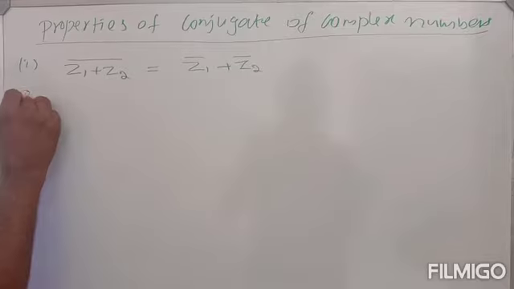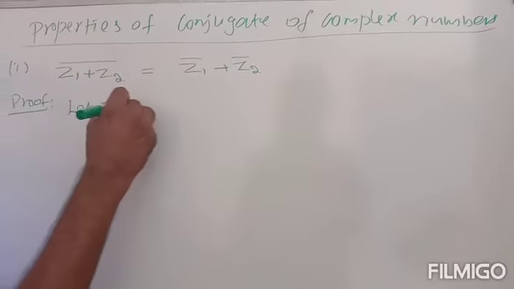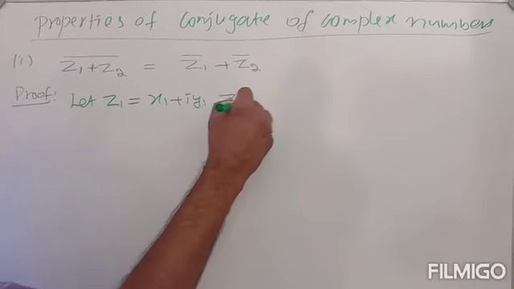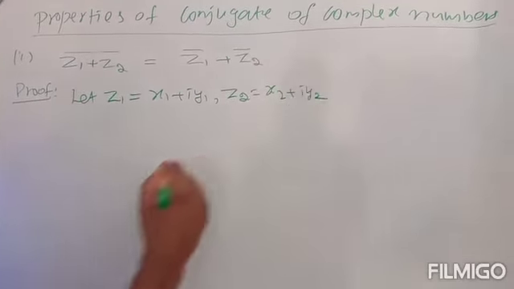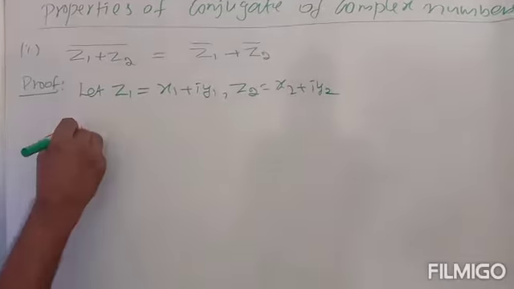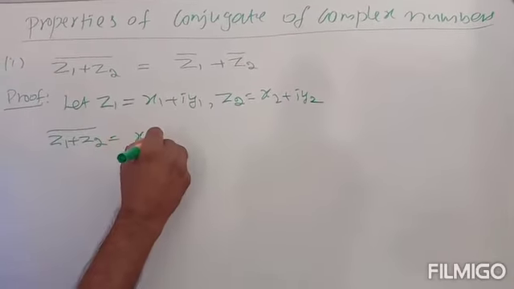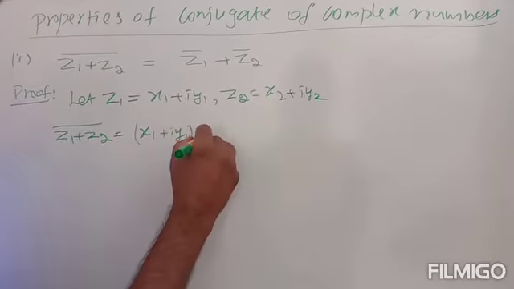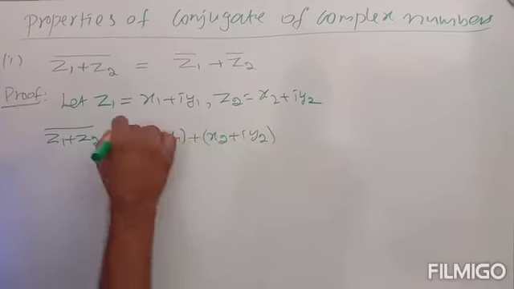Proof. Let z1 equal to x1 plus iy1, z2 equal to x2 plus iy2. Now (z1 plus z2) whole bar is equal to (x1 plus iy1 plus x2 plus iy2) whole bar.